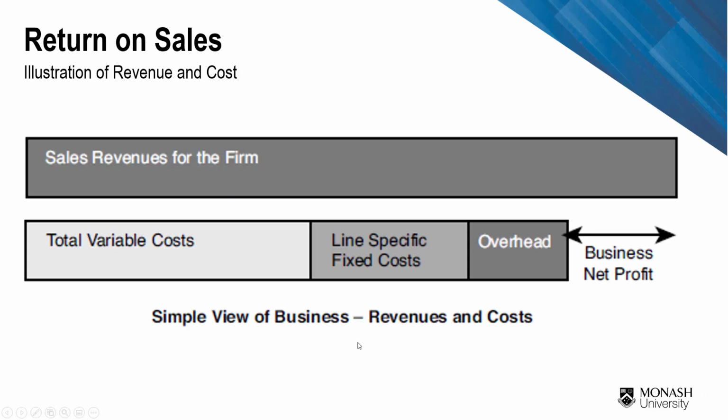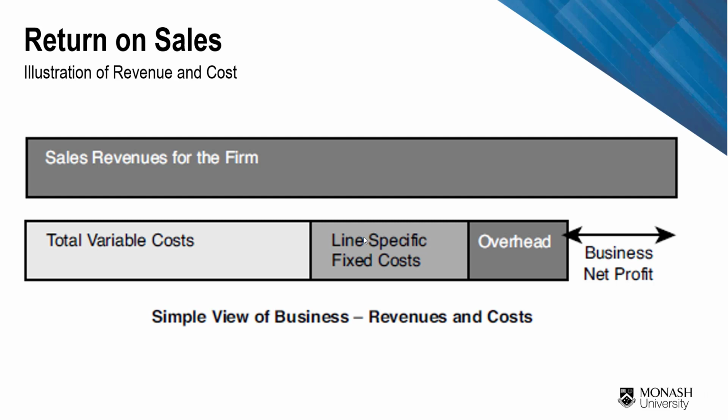Let me show you this particular diagram. We have the sales of the company, and we also have variable cost. Variable cost is a cost that varies as your production gets higher. Fixed cost is that no matter how much you produce, whether you produce 0 goods or 100 goods, you still have to pay this particular cost.